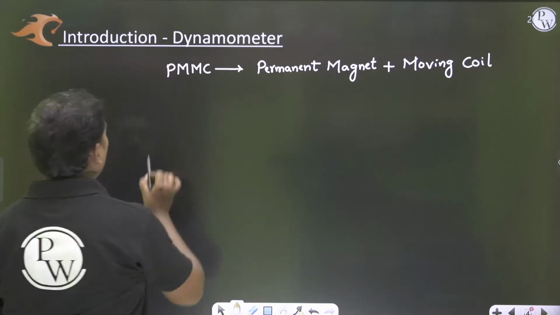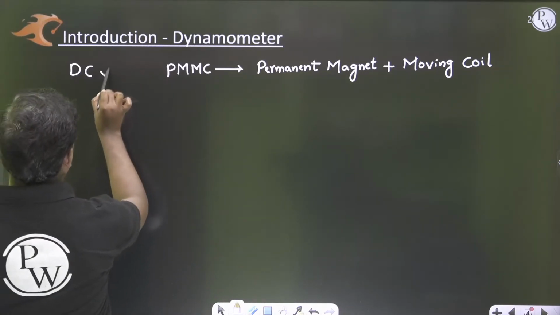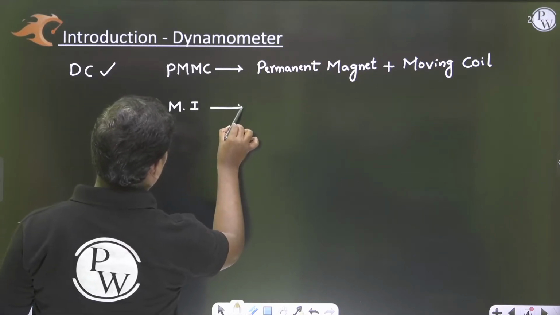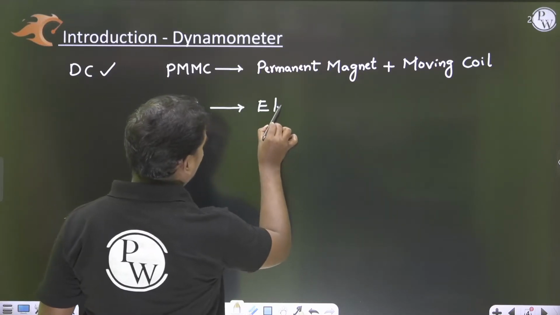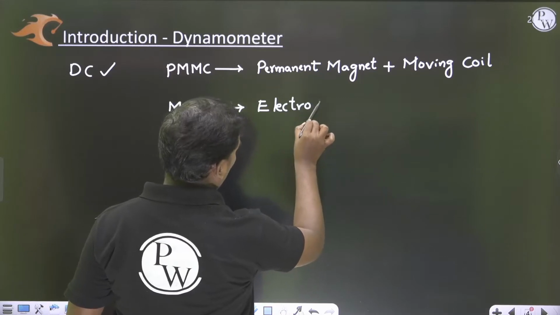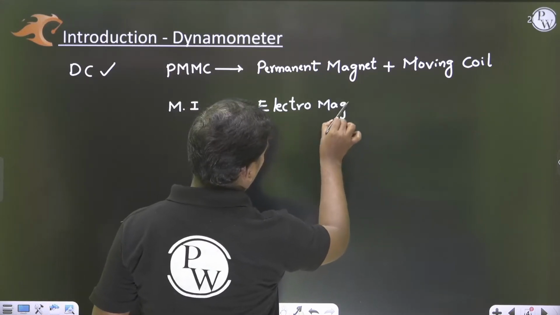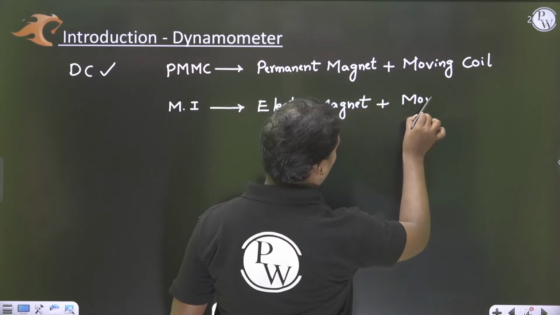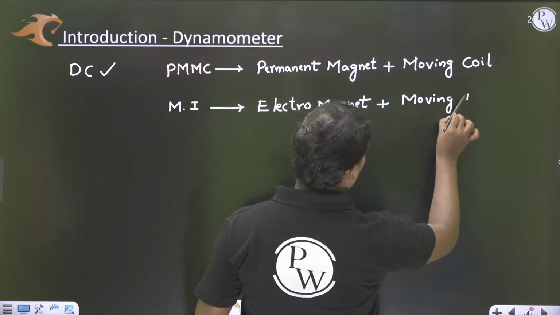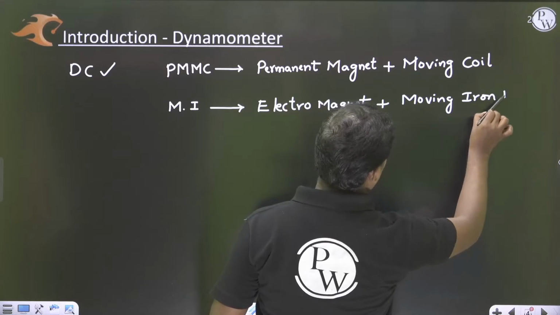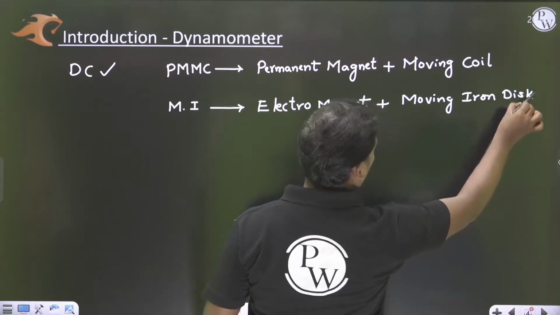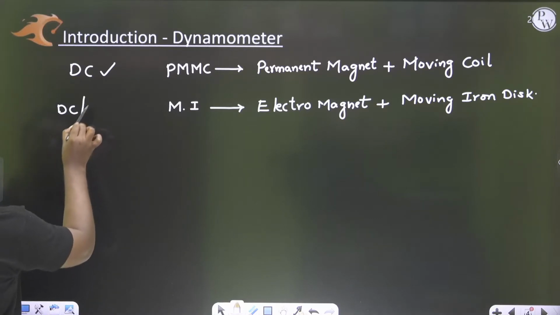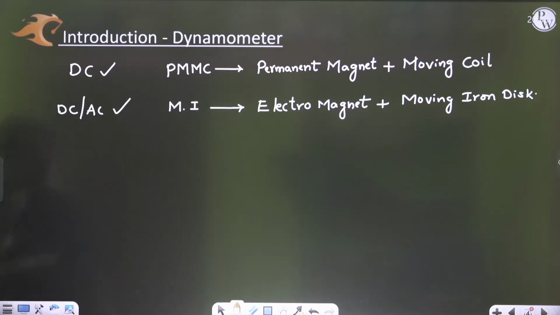Second, it is suitable only for DC. Next comes the moving iron instrument. In the moving iron instrument, we are having the electromagnet, but in the place of moving coil, we are having the moving iron disc. Moving coil is not present, moving iron disc is present. And the important point, it is DC as well as AC measurements.